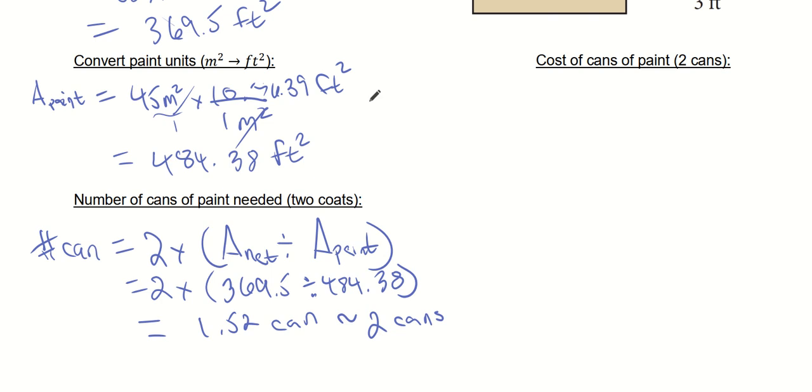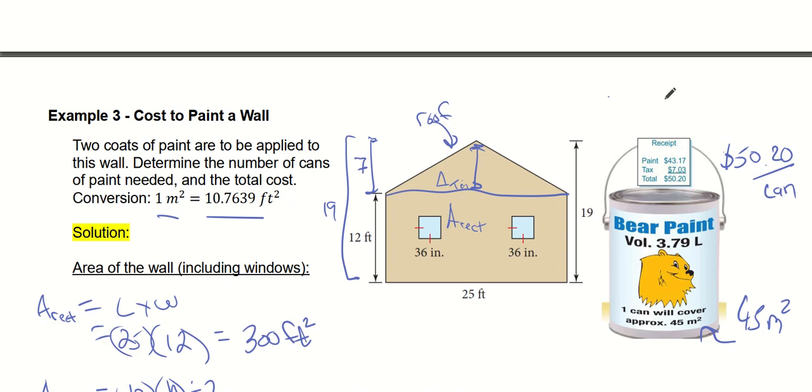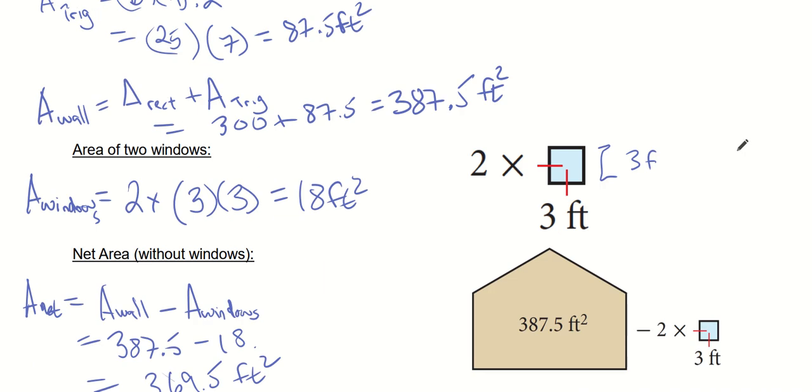Now the cost of 2 cans. We know the cost of 1 can. So the cost is 2 cans multiplied by the price. The price of 1 can says here it's $50.20 per can.